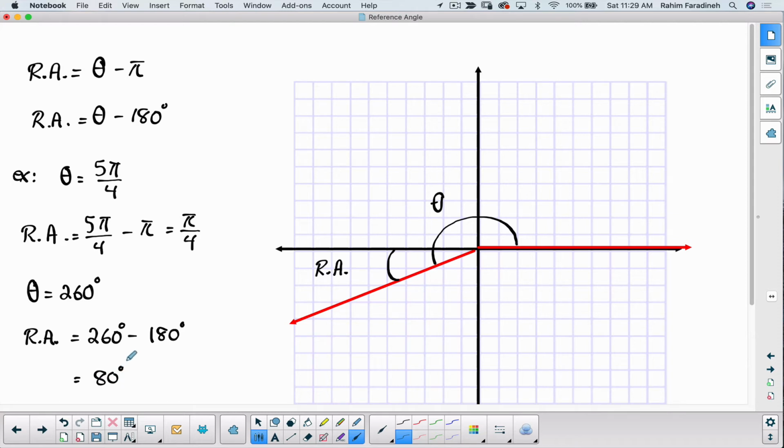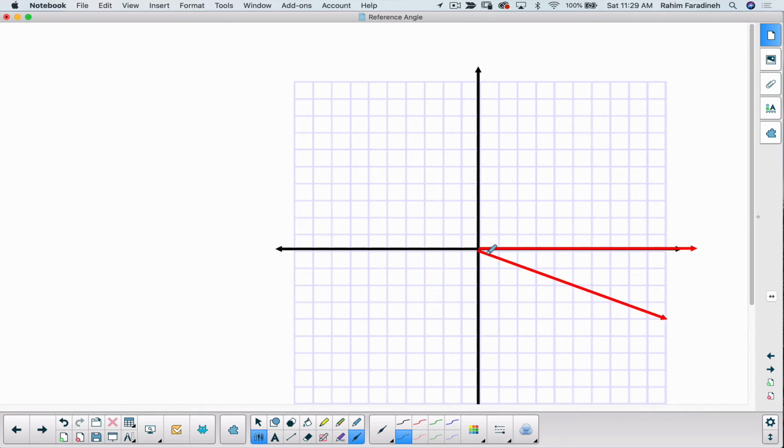Now there is only one case left, and that would be what happens if our angle falls in the fourth quadrant. So this is our angle theta, and the terminal side makes this angle with the x-axis.